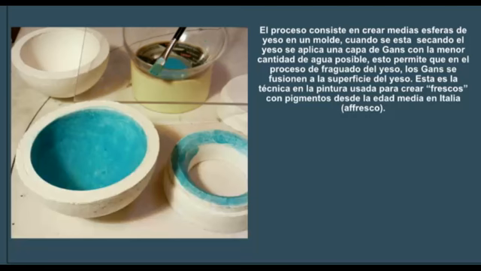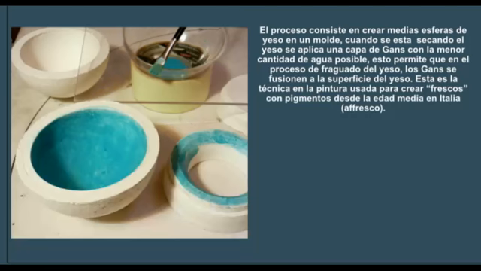In this process, I make the shape of the half sphere, and I make the piece of cast. The intention is that when the cast is fresh, I apply the pigments on the surface of the cast.